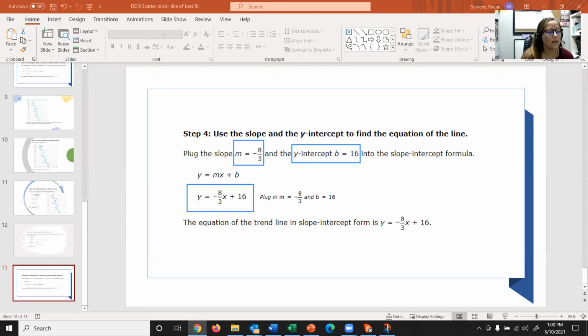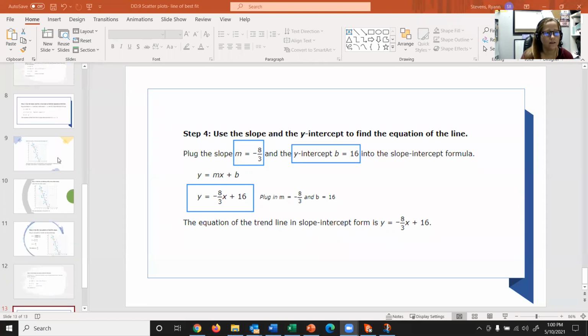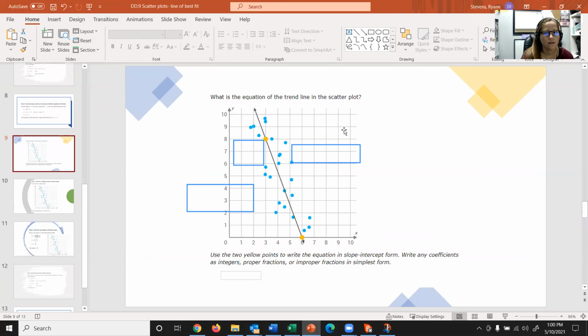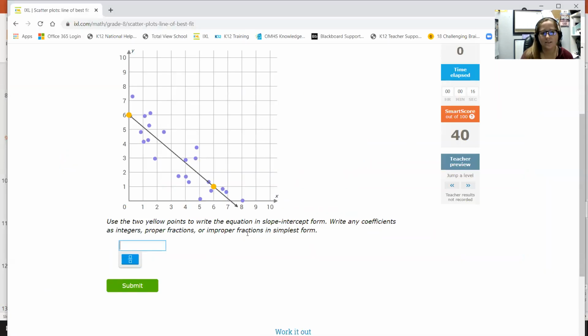Now, when you're plugging this into iExcel to put your final answer in, there is a button, and I'm going to show you what that looks like. This is right from the iExcel assignment.